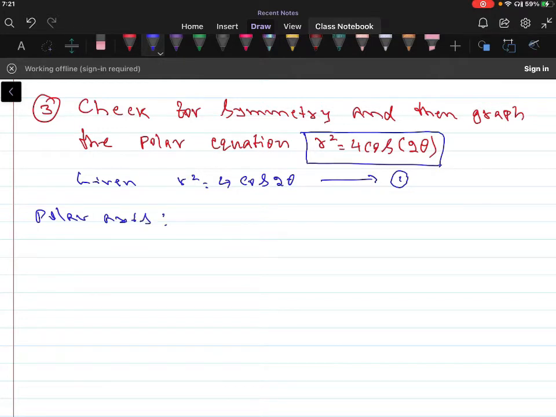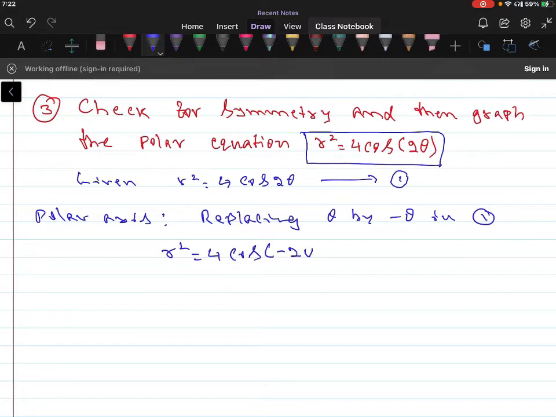If you want to see that the given equation is symmetric about the x-axis, just replace theta by minus theta in equation 1. We get r square is equal to 4 times cos of minus 2 theta, so this is equal to 4 times cos of 2 theta.